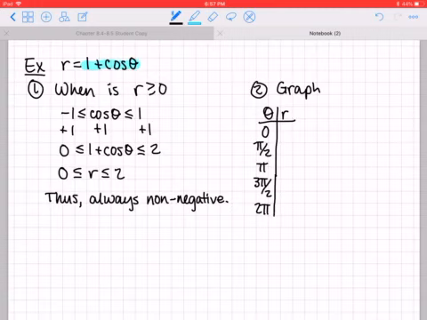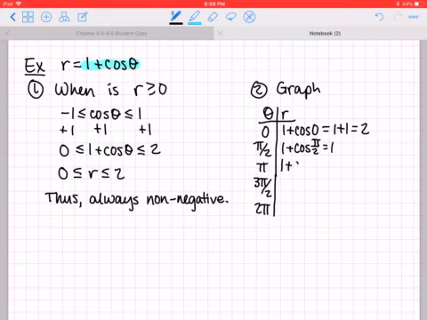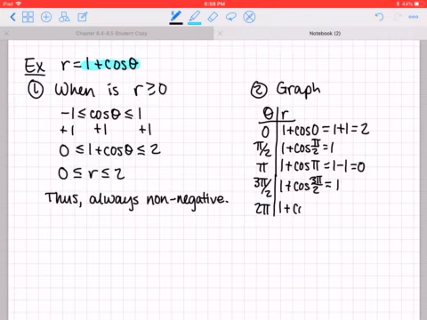All right, so we get 1 plus cosine 0, which equals 1 plus 1, so 2. 1 plus cosine pi over 2, so we just get 1. 1 plus cosine pi, we get 1 minus 1, so 0. 1 plus cosine 3 pi over 2, and we get 1 again, and then 1 plus cosine 2 pi, and we're back at 2. So let's try to graph this now.